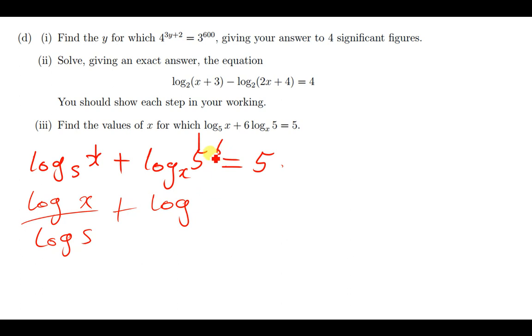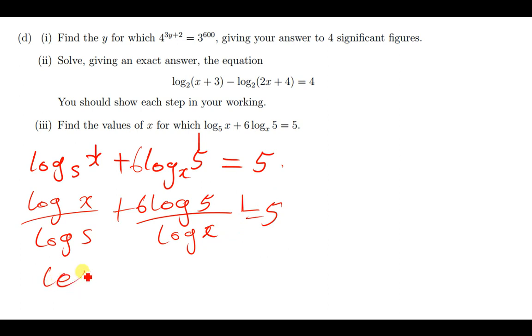Okay, even before we bring down the 6, let us leave it here. We have 6 there. So this one is just the same as 6 log 5 over log x is equal to 5.